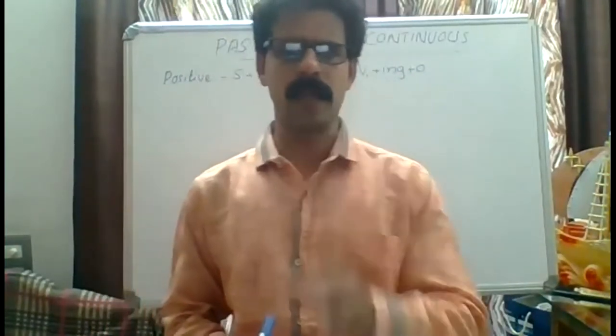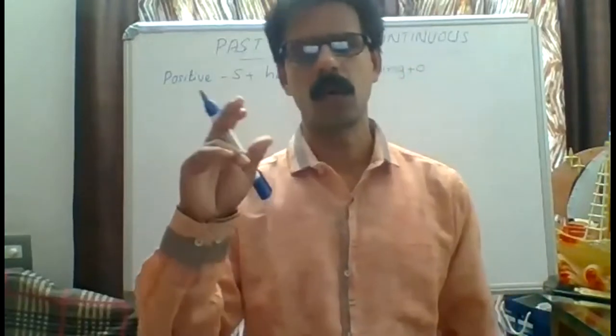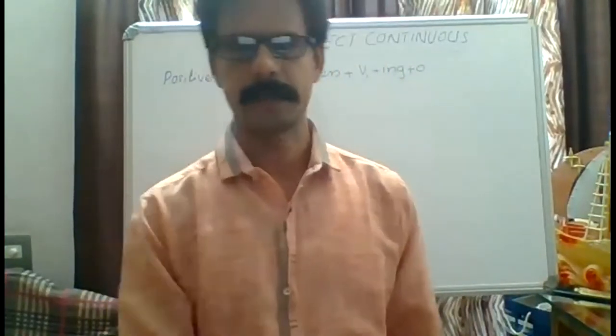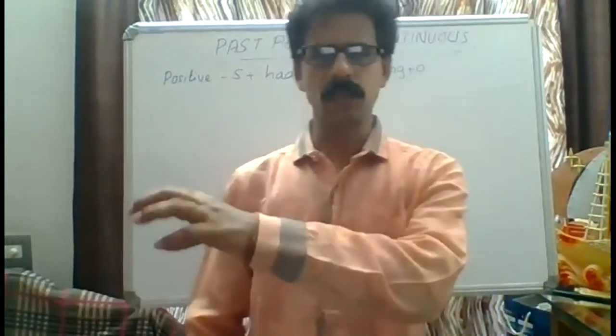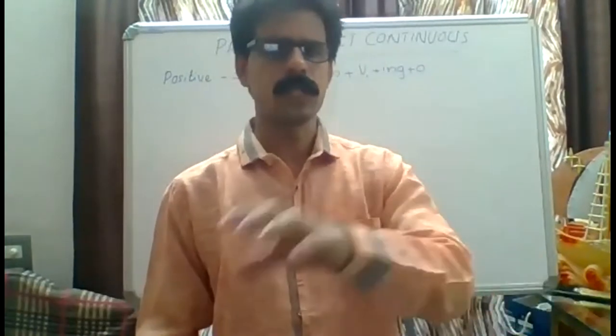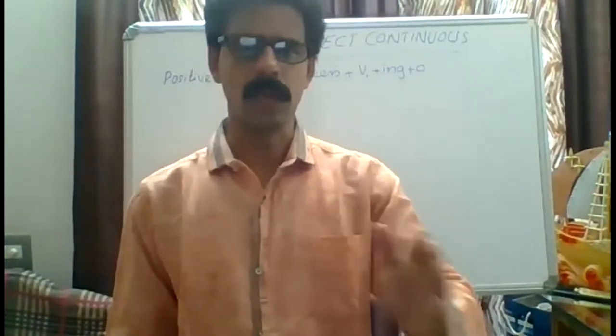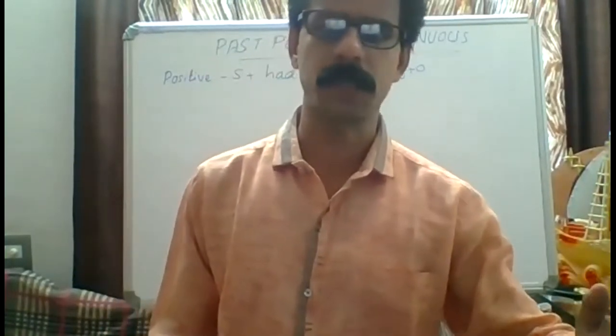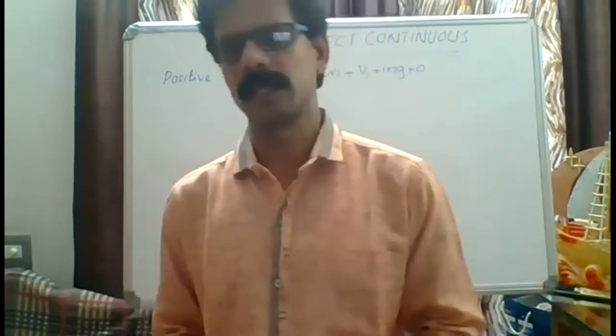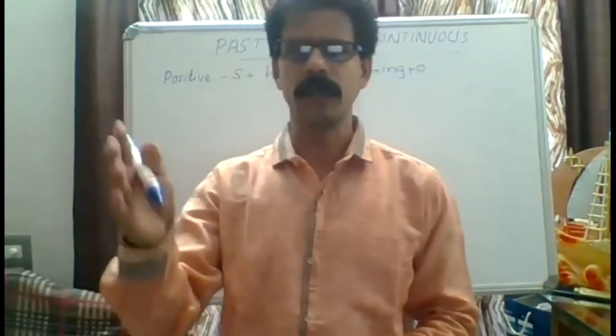With this very simple example, I hope that you are able to understand. An action which had been going on for a long period in the past is expressed in past perfect continuous. We can also call it past perfect progressive.